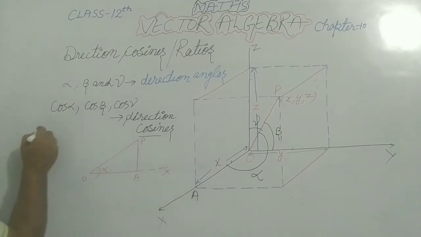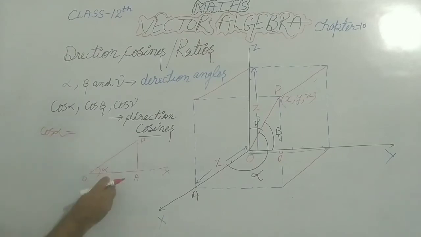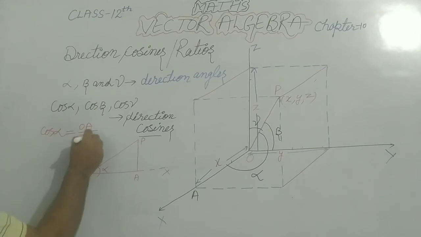So we know very well cos alpha equals base over hypotenuse. The base we have is OA, and the hypotenuse is OP.